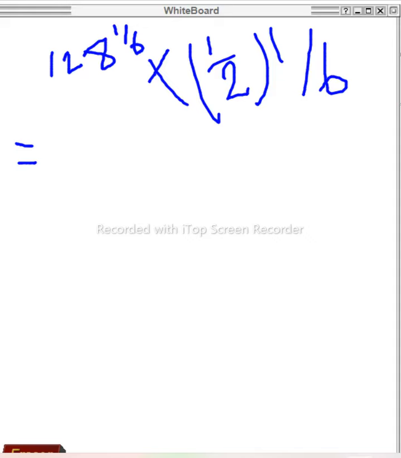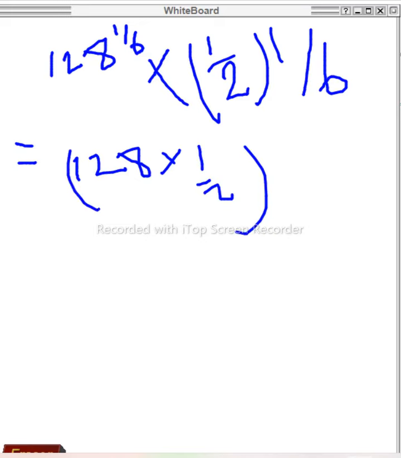We can take 128 and 1 over 2 together, taking the power of 1 over 6 for both: 128 times 1 over 2, to the power of 1 over 6.